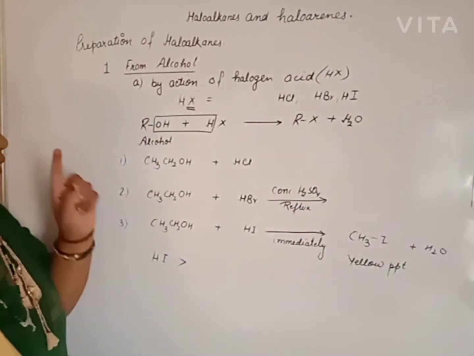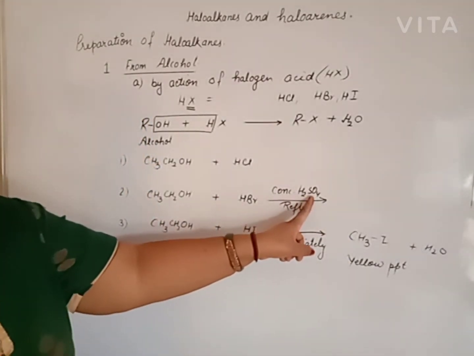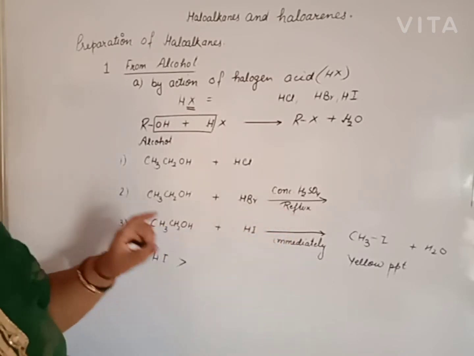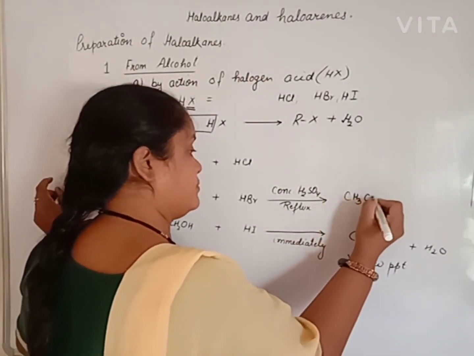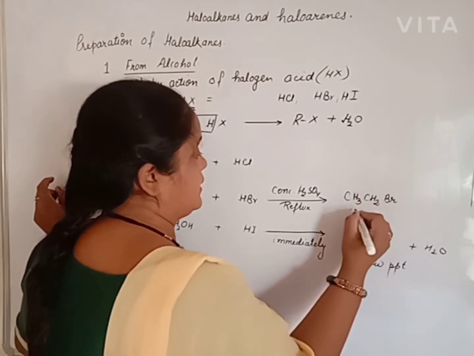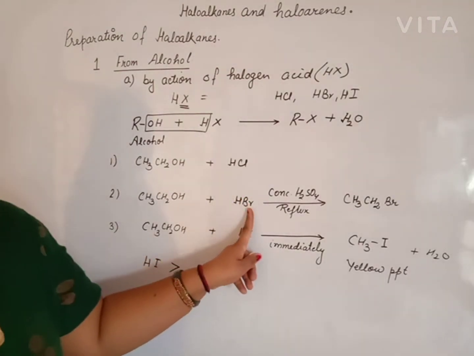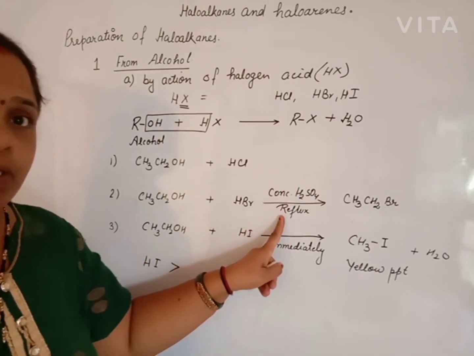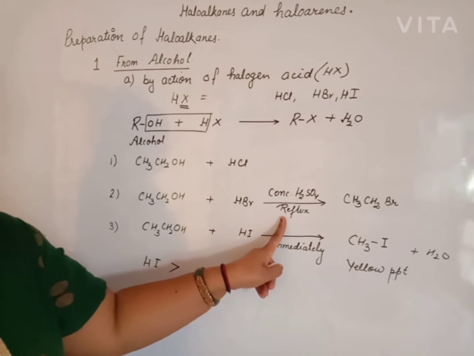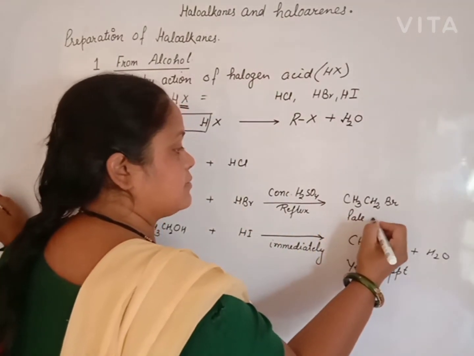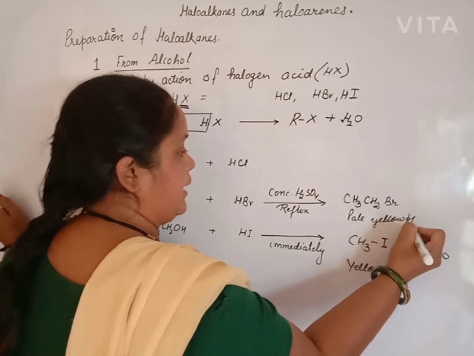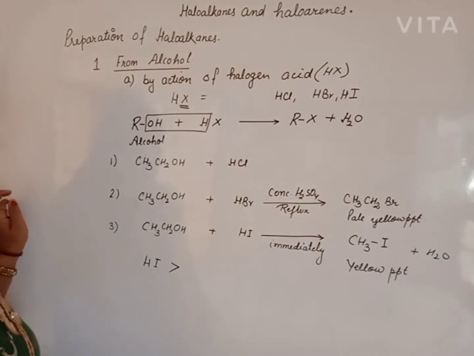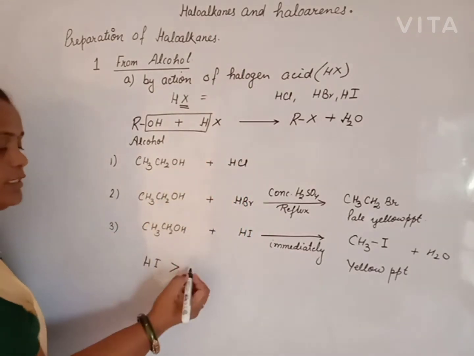Ethanol is treated with hydrobromic acid under the influence of sulfuric acid, which acts as a catalyst, under reflux. We get a pale yellow precipitate of bromoalkane, but under these conditions HCl does not react. That means out of these two, HBr is more reactive.